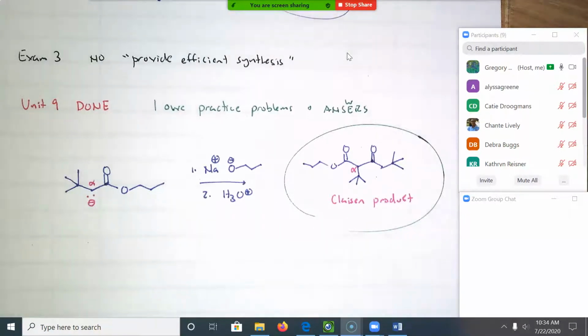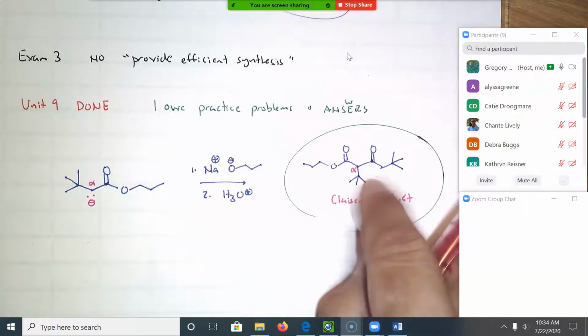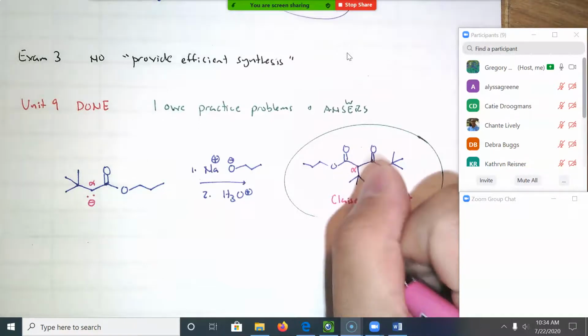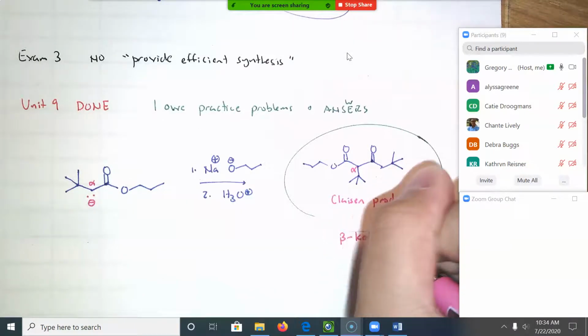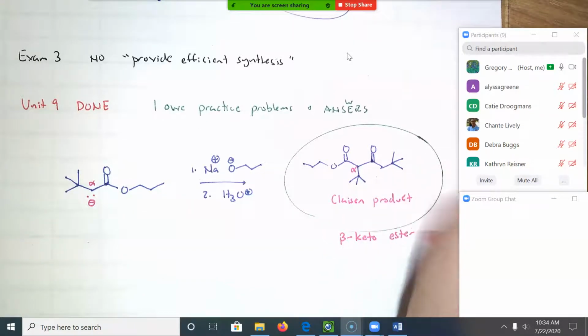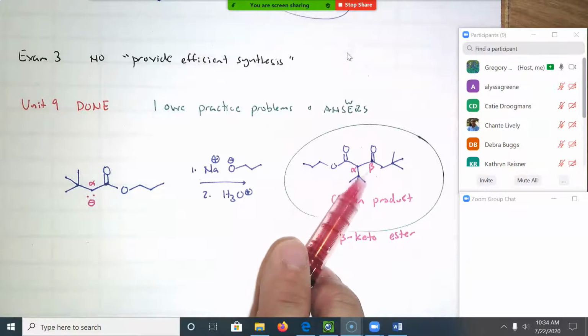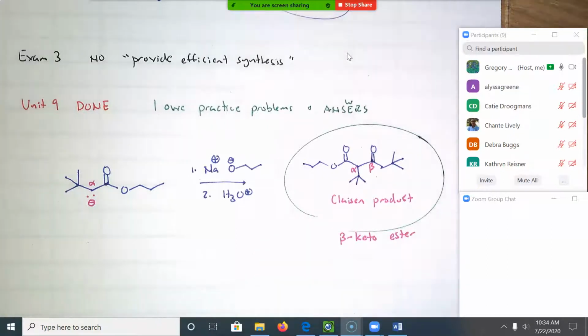If you do not get that product, go ahead and do your corrections in red or some other color. I like this product because for a Claisen, you're going to get what's called a beta keto ester, because your beta carbon now is there. On the ester side, we go alpha, beta, the beta keto ester.